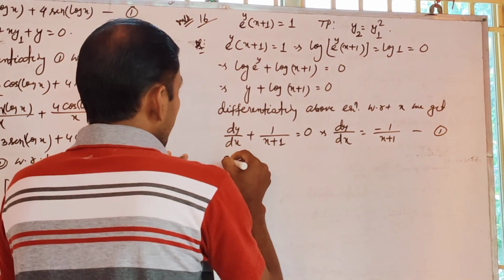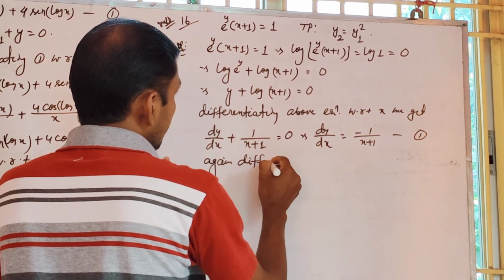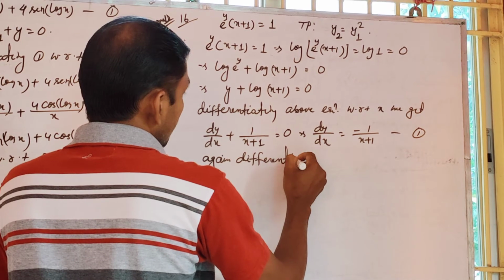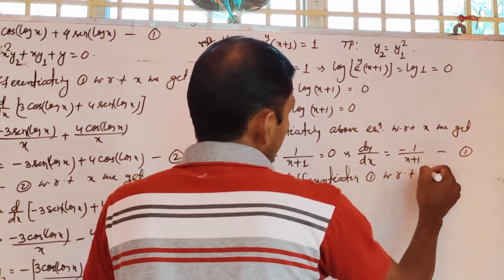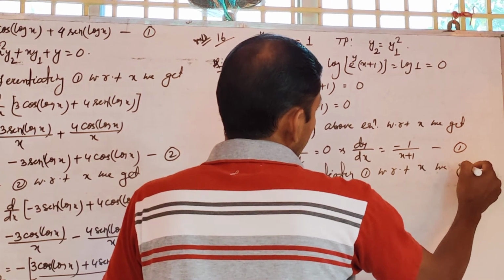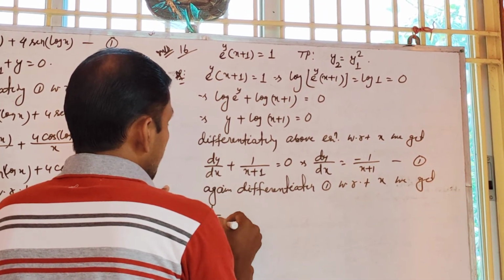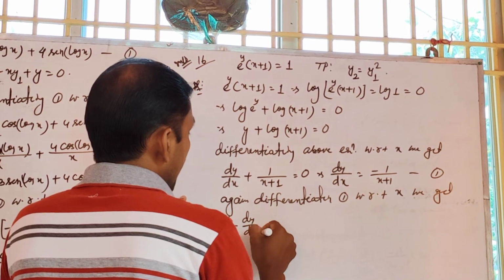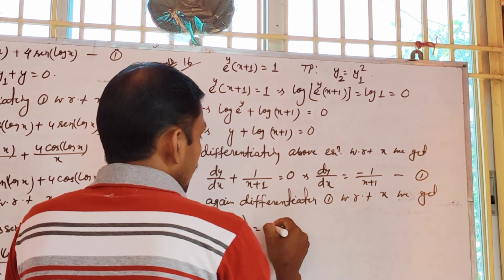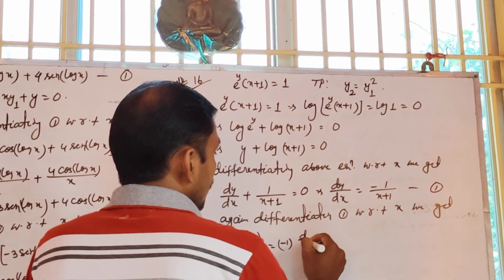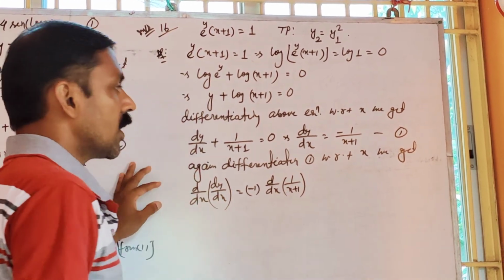Again you have to find the second order derivative. So you write again, differentiating 1 with respect to x, we get d by dx of dy by dx equals minus 1 into d by dx of 1 by x plus 1.